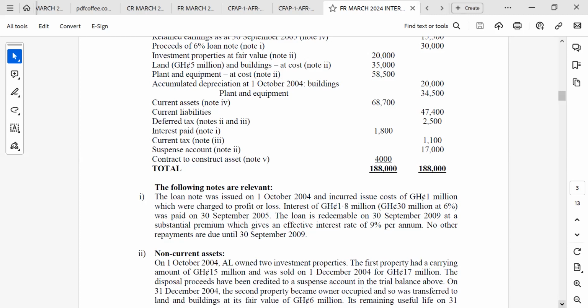It has to be capitalized. Okay, but what did they do? They subtracted it from the profit. So what do you go and do now? We have to reverse it. We have to go and add it to the profit back, isn't it? Yes.